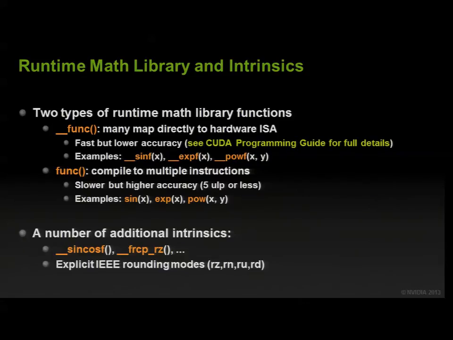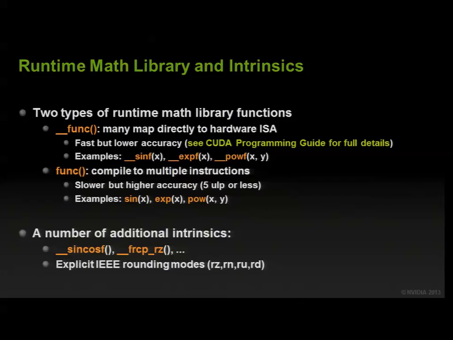There's a flag, use fast math for NVCC. And what it will do is that all the calls to the transcendentals, to any of the other functions in math.h, will be replaced with their hardware equivalent.